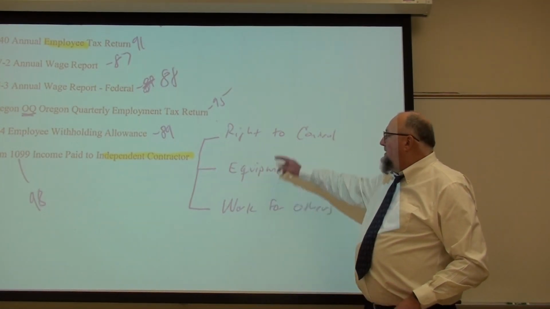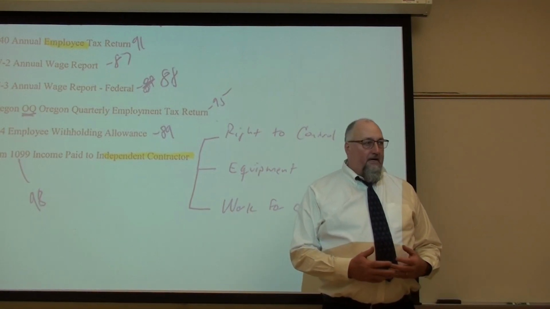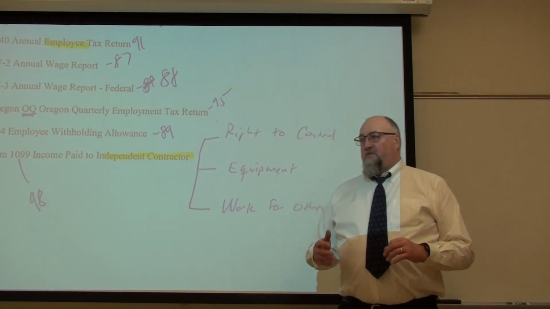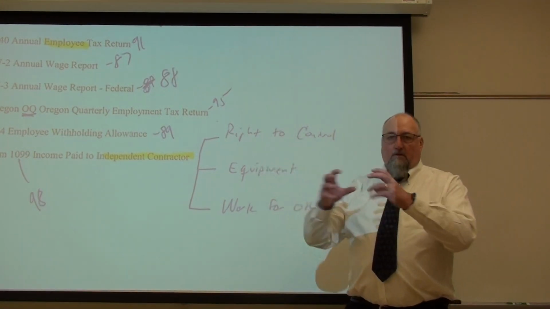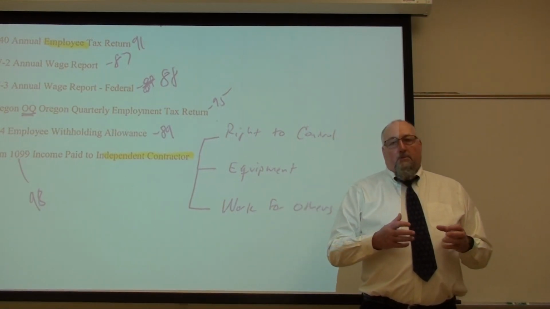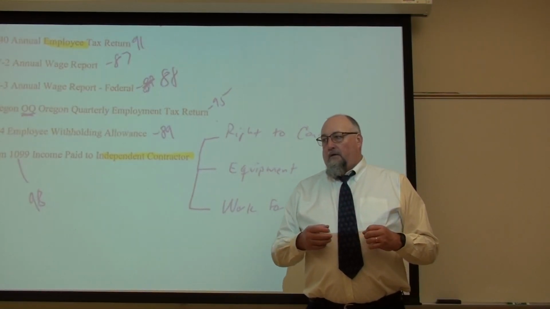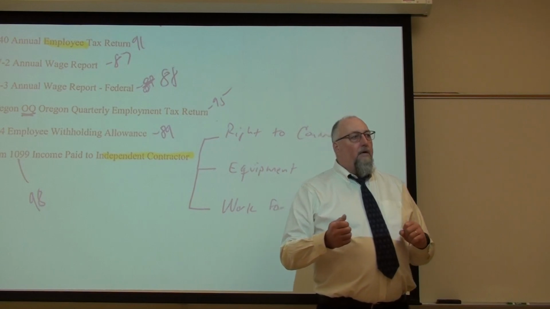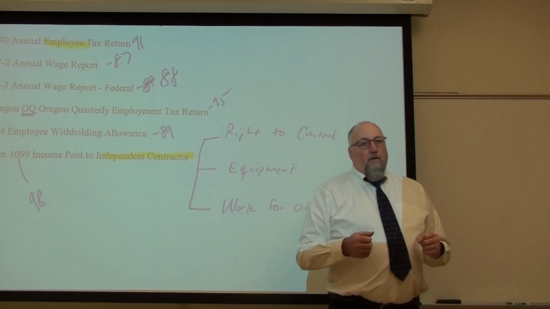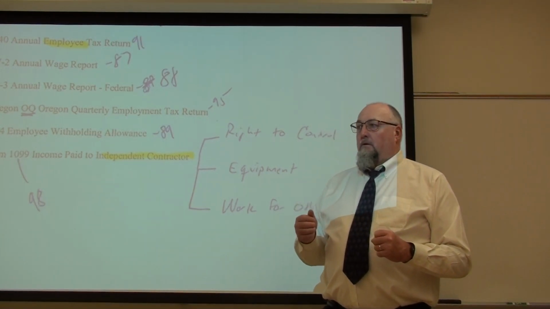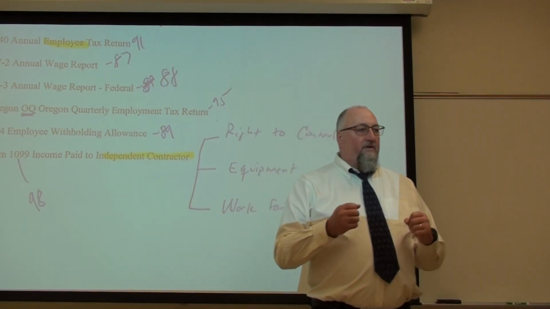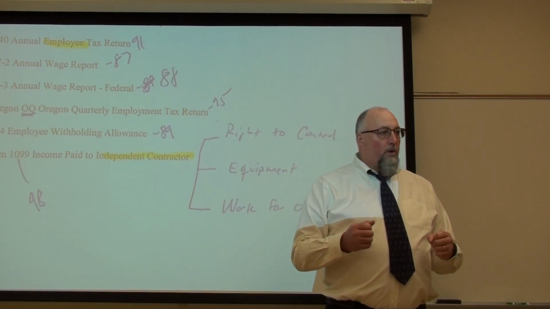So number 1 is called the right to control test. And this is a conglomeration of various things, but this is the idea that in a true employer-employee relationship, I, as the employer, can control the means, methods, timing, etc. of your work.